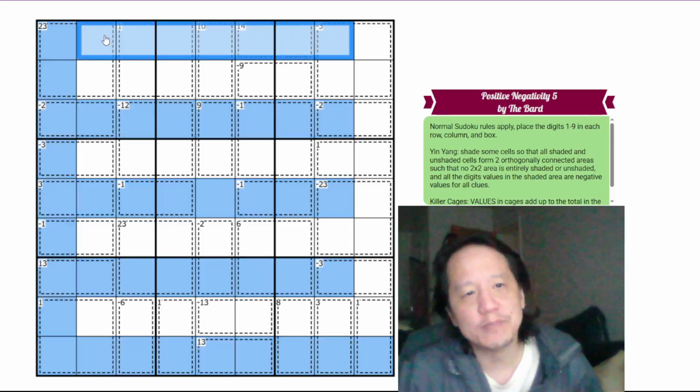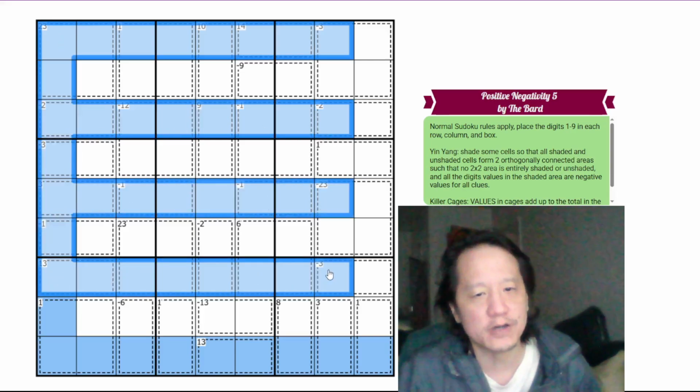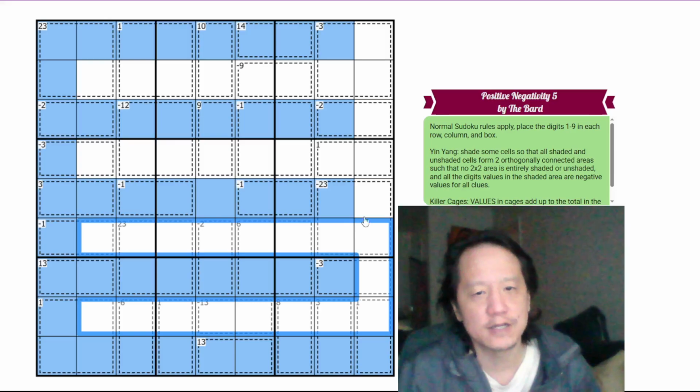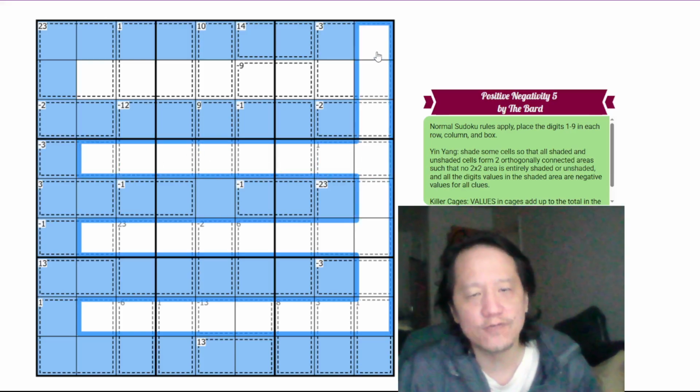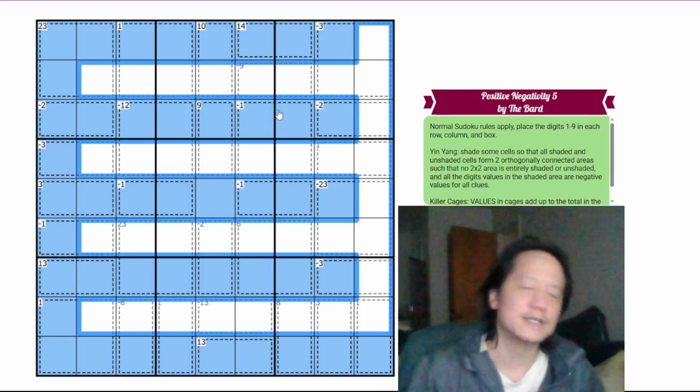So this is an example of a valid yin-yang shading because all the shaded cells are orthogonally connected to each other, and all the unshaded cells are orthogonally connected to each other. What does it mean for them to be orthogonally connected?